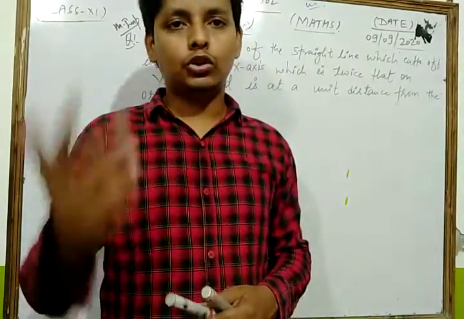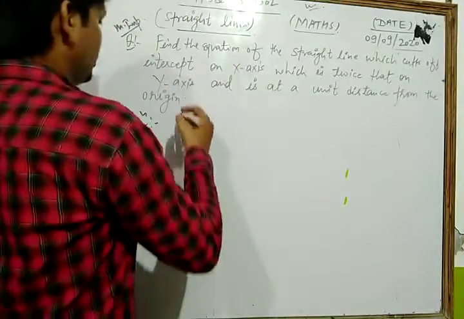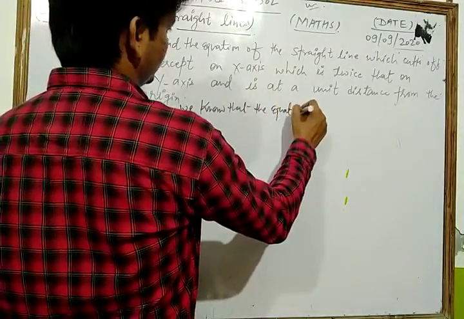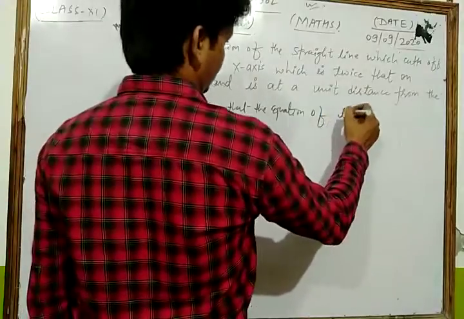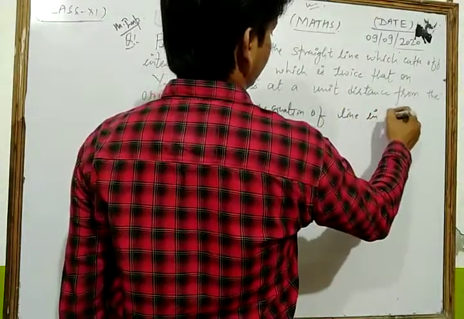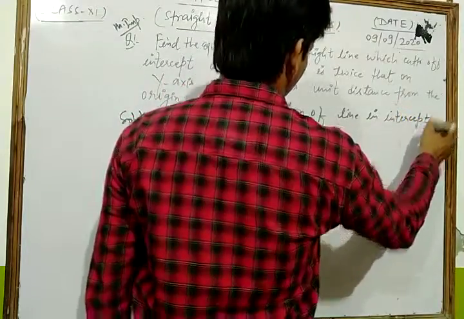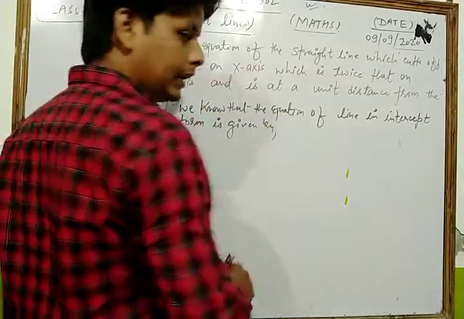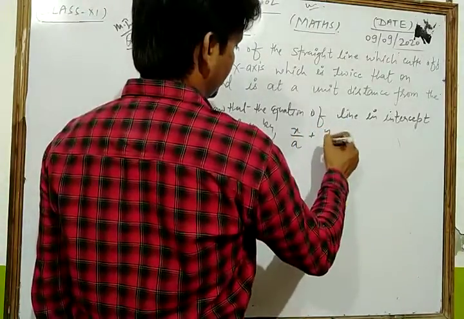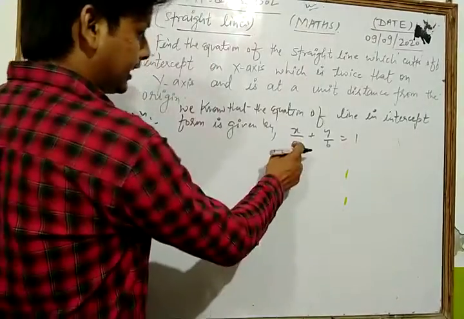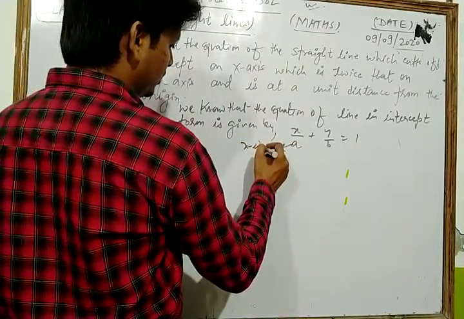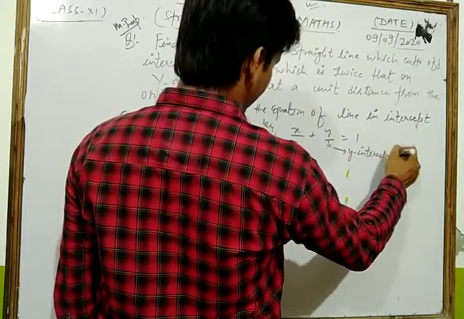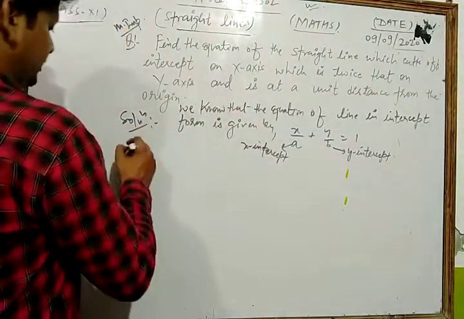First of all, you know that the equation of a line in intercept form is given by x upon a plus y upon b is equal to 1, and this a is the x intercept, and this b is the y intercept.